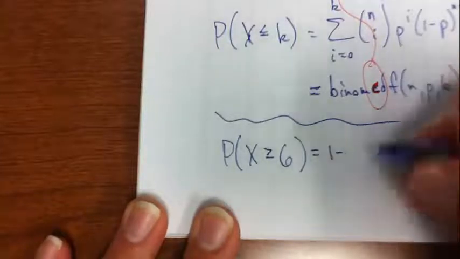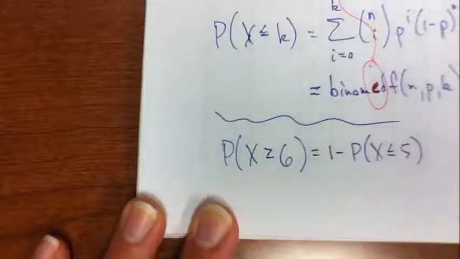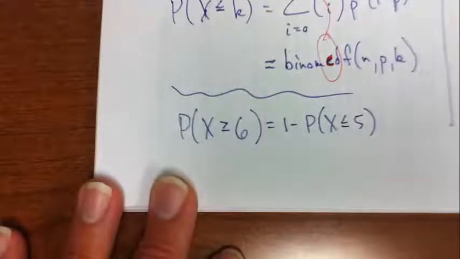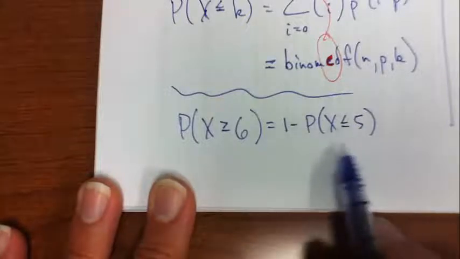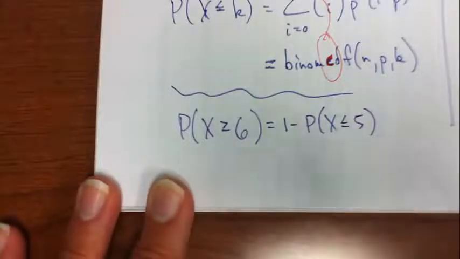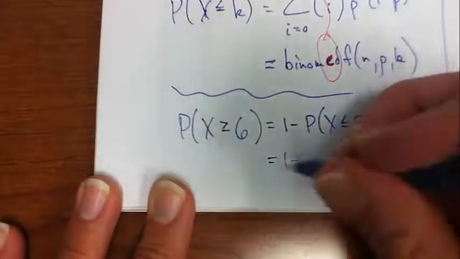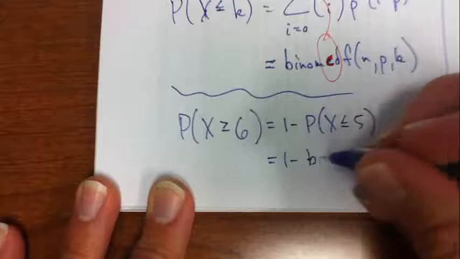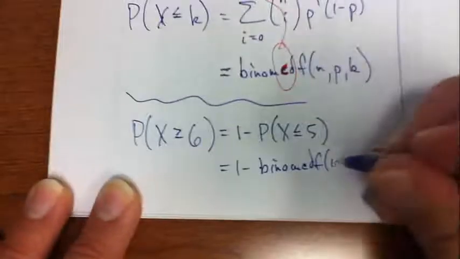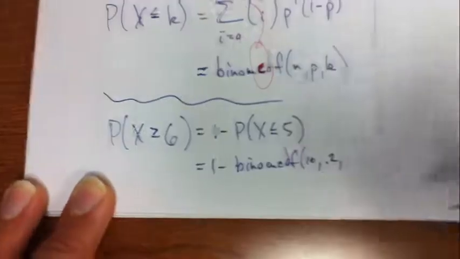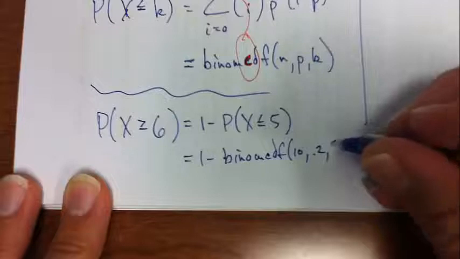This is 1 minus the chance that X is less than or equal to 5. Getting at most 5 questions correct is complementary to getting at least 6. So then I can do 1 minus binomCDF with 10 trials, success probability of 20%, and 5 goes in there, right?